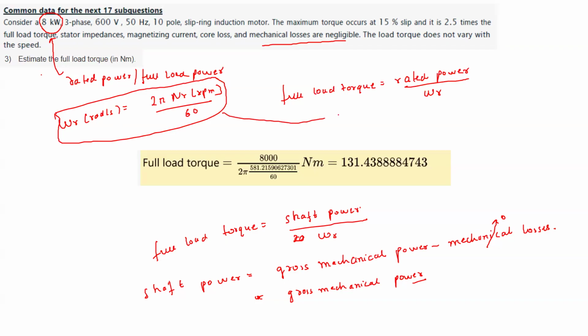This is the thing which you have to substitute here. So this is one way of doing it. Now, if you see that in the question, this 8 kilowatt is not mentioned. If this 8 kilowatt is mentioned, then you have to use it like this. So when power is mentioned, this one. Now, when power is not mentioned.